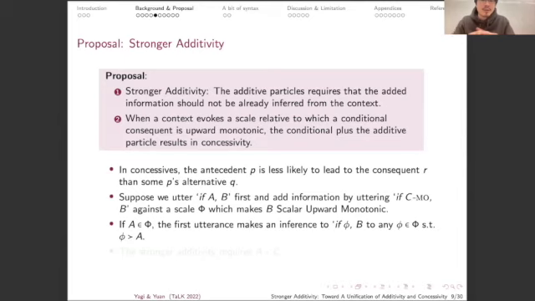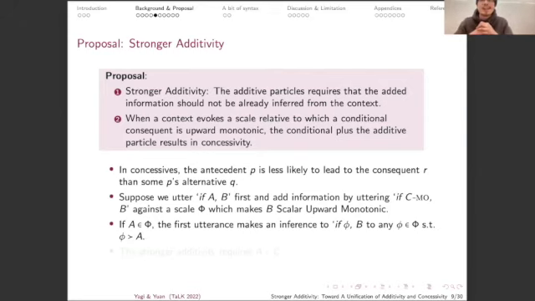And the first utterance makes an inference to if small phi, B, for any phi in that alternative set, right? This is predicted from scalar monotonicity. If there's a scale which makes the consequent scalar monotonic, then there we have an inference.